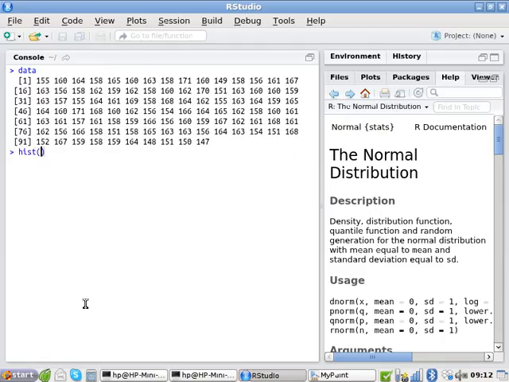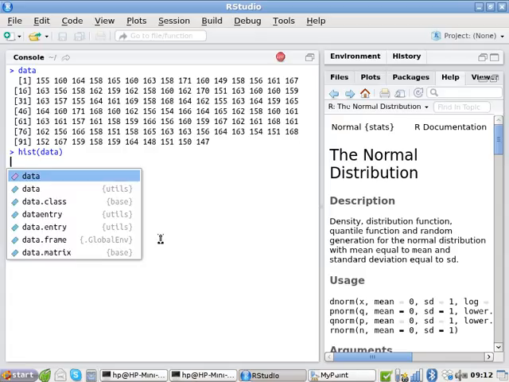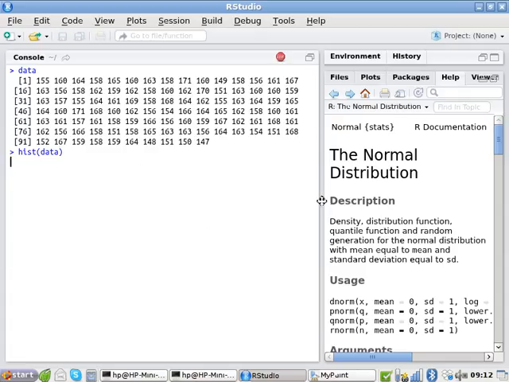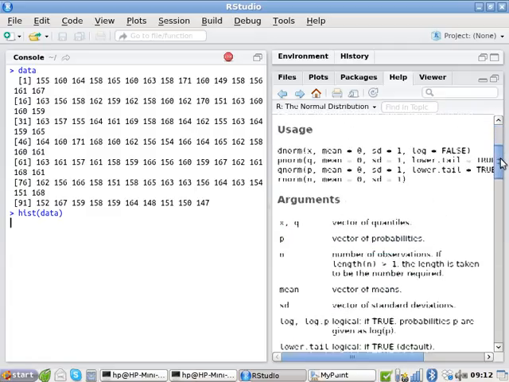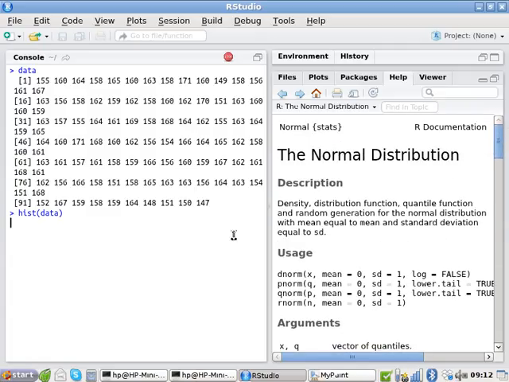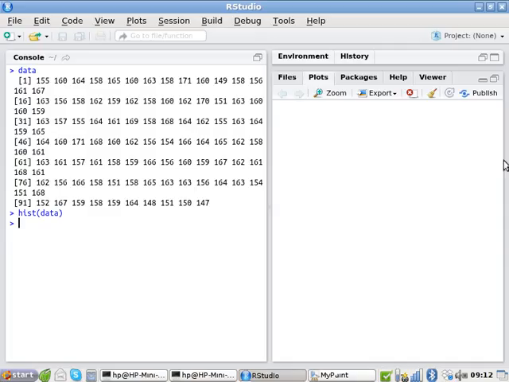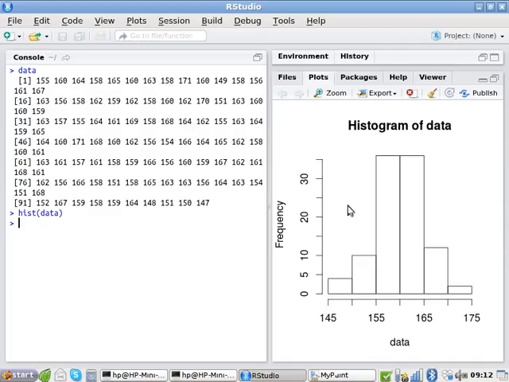You'll get your histogram, and it'll pop up on the side here. There we go.